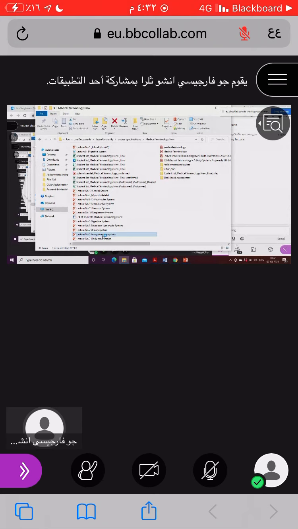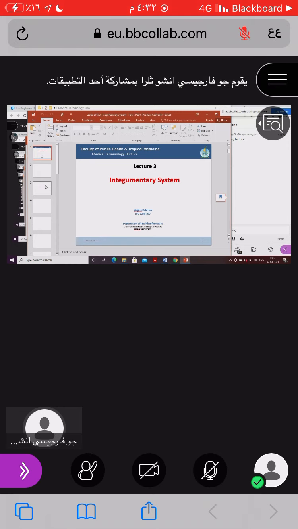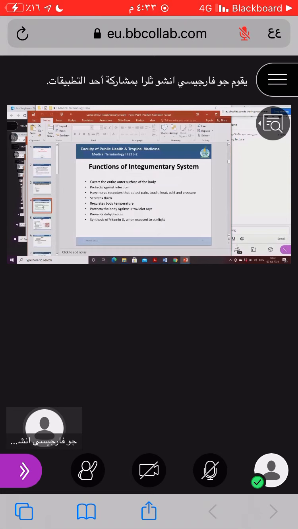Now let's look at lecture number 3, which is the integumentary system. For the integumentary system, you can quickly study the functions and the organs.